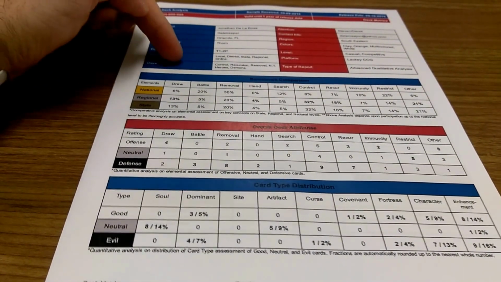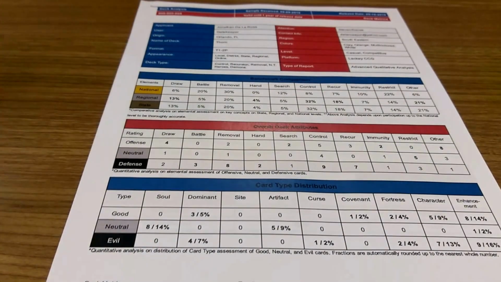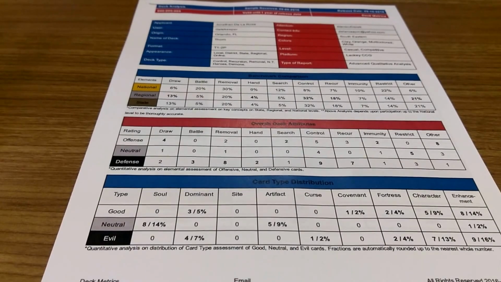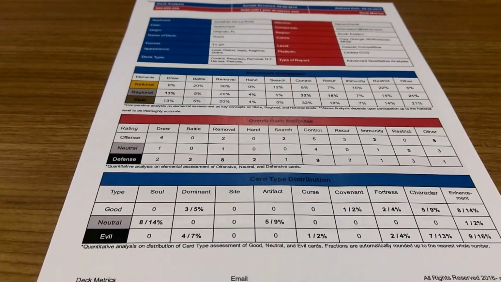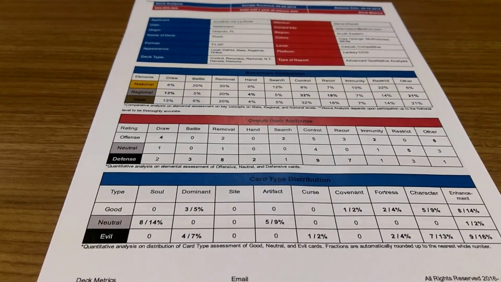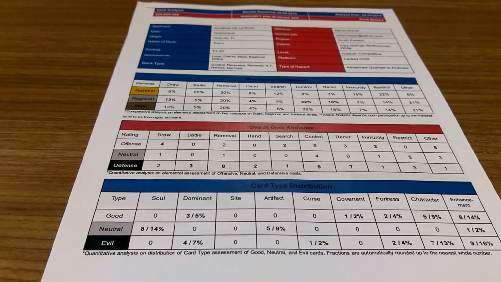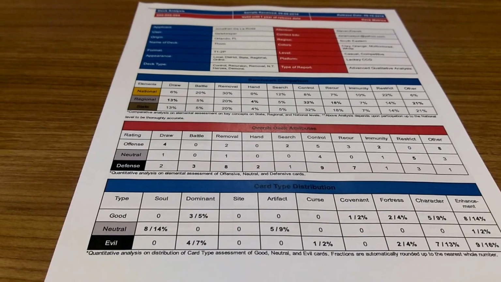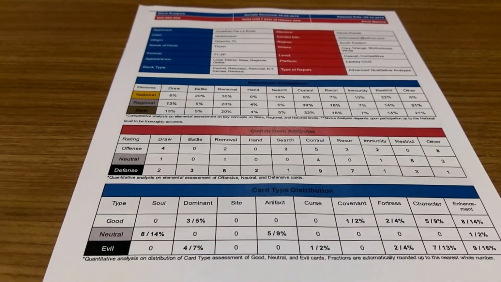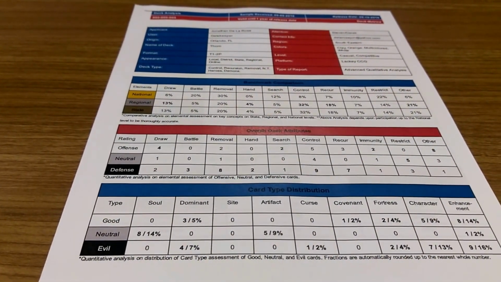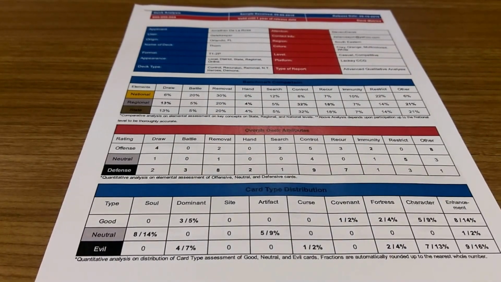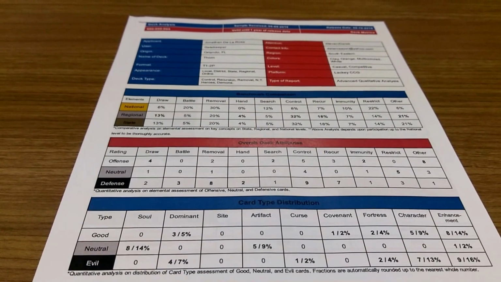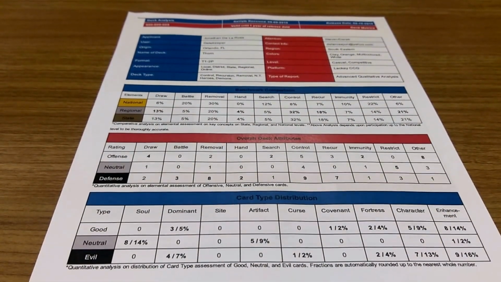And then you'll find certain elements at the top, which describe the flavor or the main key concepts or genre of a deck, such as draw, in-battle effects, removal, hand effects, search, control, recursion, protection, immunity, restriction, other, and the list goes on. So generally, that benchmark comparison will compare decks of a similar fashion from state to regional to national level.